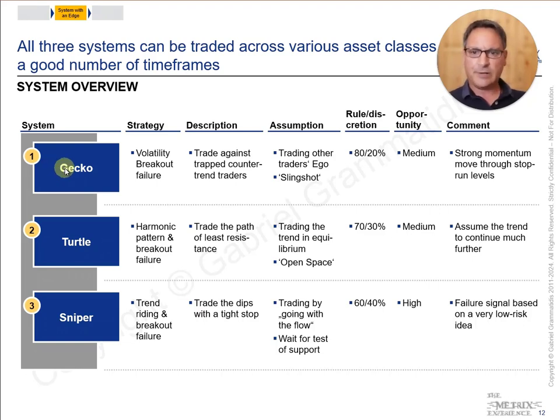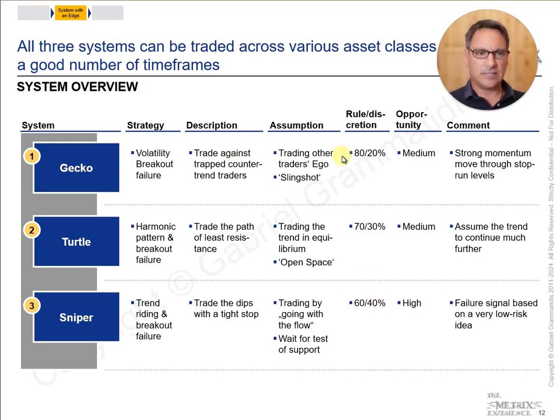It's just a general description of the three systems. The gecko, it's a breakout failure pattern. We're trading basically novice traders or other people's ego. We're looking for a slingshot move coming out of this pattern. My best estimate for rules and discretion is that this is the most rule-based system.